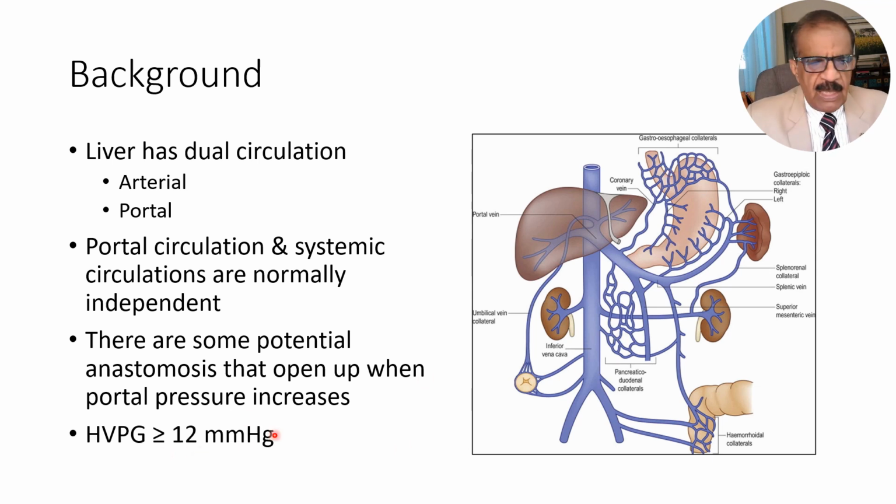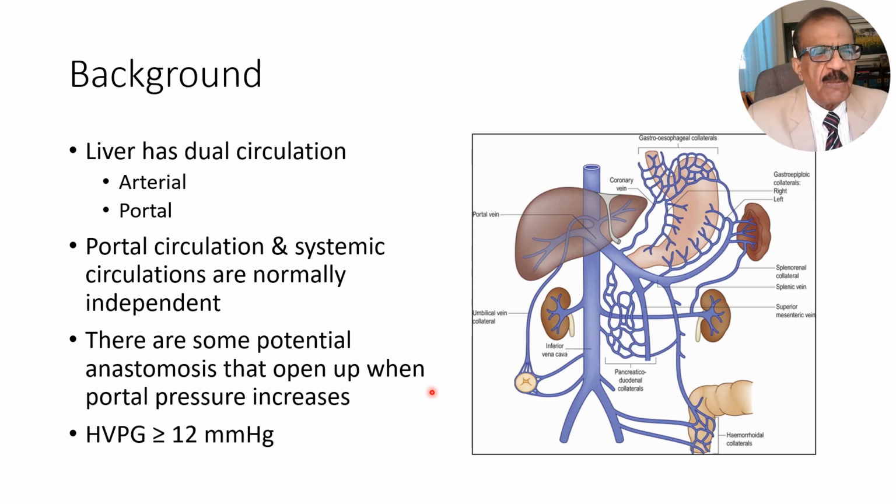So this is a little technical. We normally do not measure this in a clinical setting, but we know that if the hepatic vein portal pressure gradient is 10 or more, that is abnormal. If it is 12 or more, that is responsible for portal hypertension. So this is the definition, but we go by clinical signs.